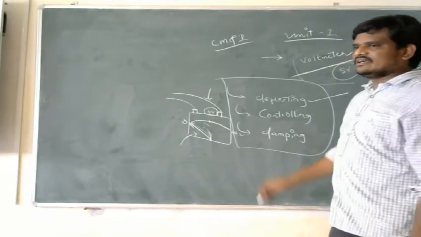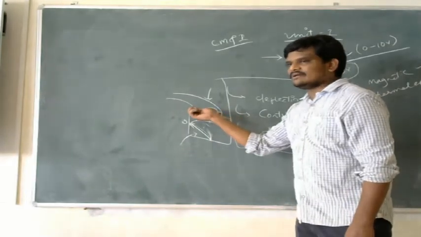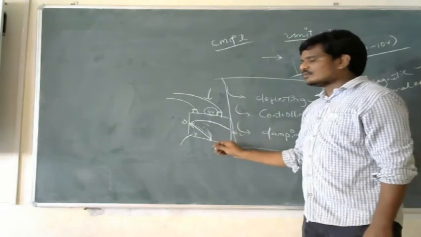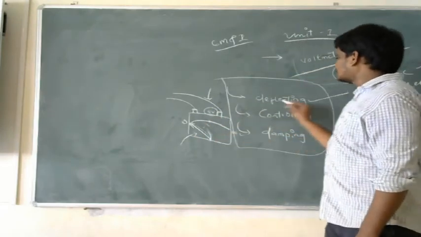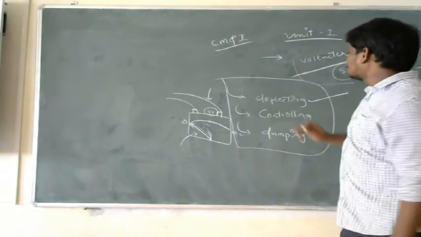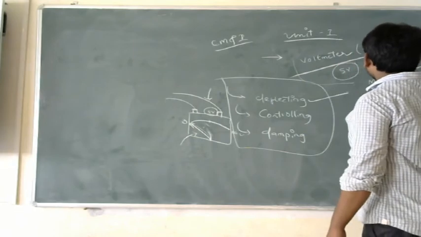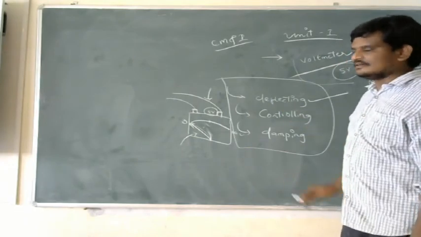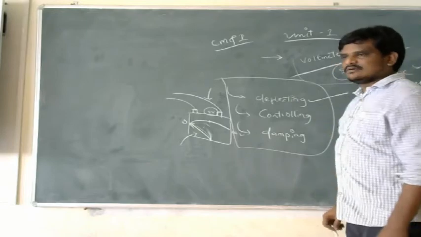The force which is required to move the pointer from its initial position is called deflection force, where the deflection force can be achieved by using a magnetic effect or thermal effect or inductance effect or any other thing.